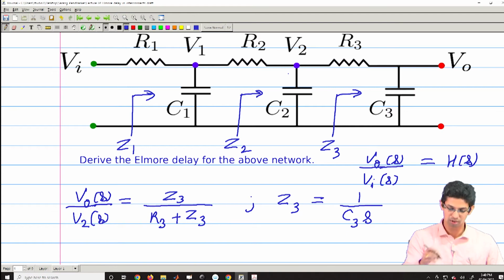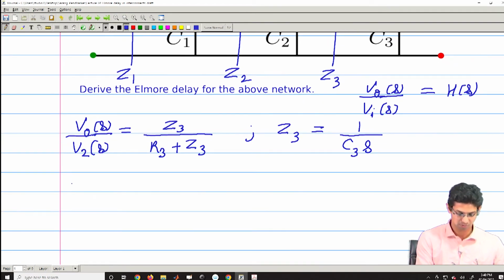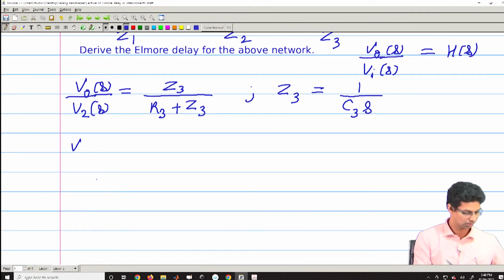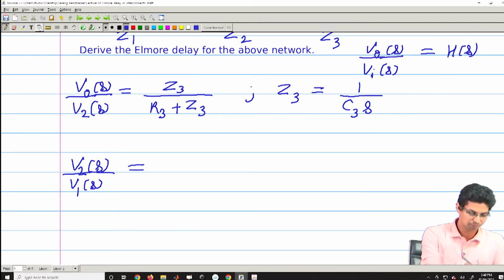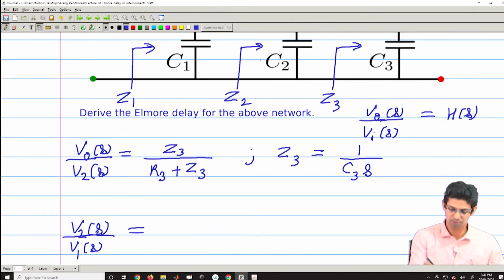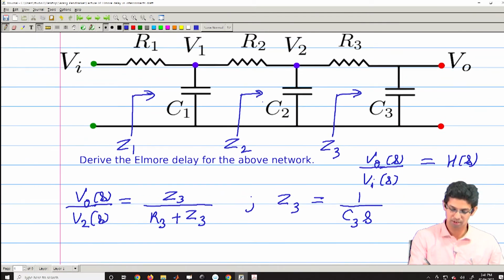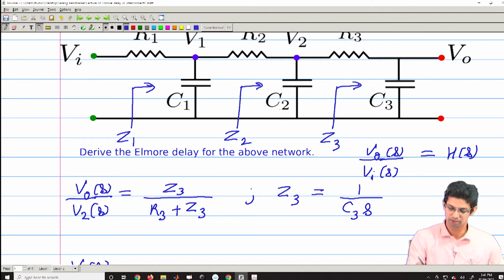Now, what about the second part? So, now you want the relationship between V2 and V1. Your V2 of S divided by V1 of S is given by the impedance here of this entire network.